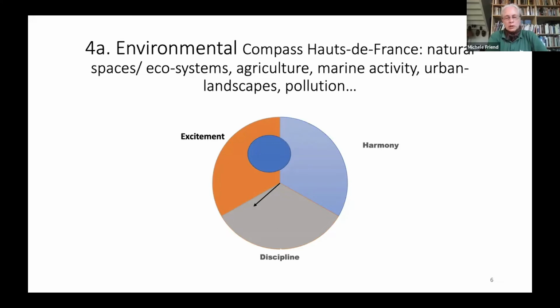There's not very much natural space. The coastal area in Hauts-de-France is very built up, so that disrupts the natural ecosystems that are quite delicate in that area. And it's heavily agricultural, which is why it brings it towards excitement, because we're controlling a lot of the land, we're controlling a lot of the natural scape.